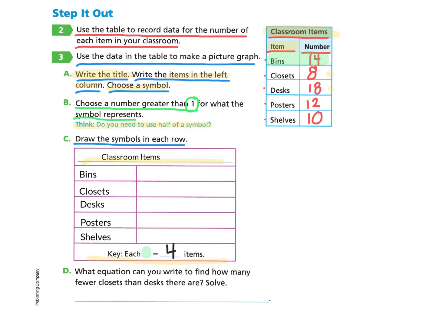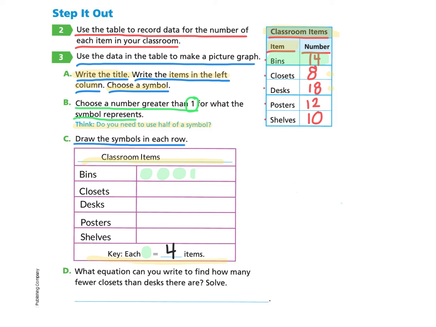So we'll draw 1, 2, 3, and then because that only gives us 12 and there's 14, that means there's 13, 14, there's 2 left over, and 2 is half of 4, so we will just draw half of a symbol to represent the 2 that we need to complete all the numbers for bins, which is 14.